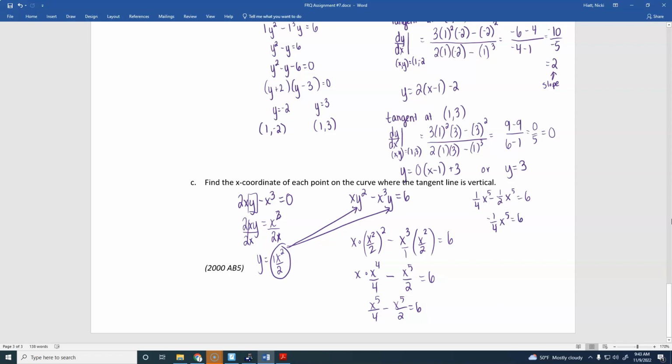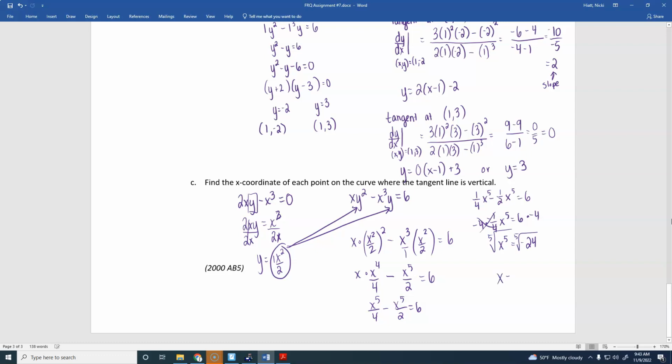I could divide by negative 1/4, which is the same as multiplying by negative 4. So I get x to the 5th equals negative 24. And then I will take the 5th root of that.